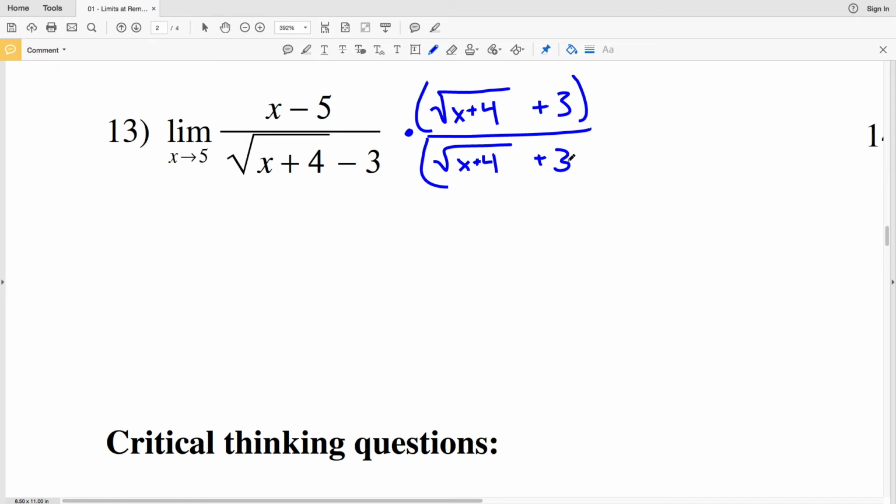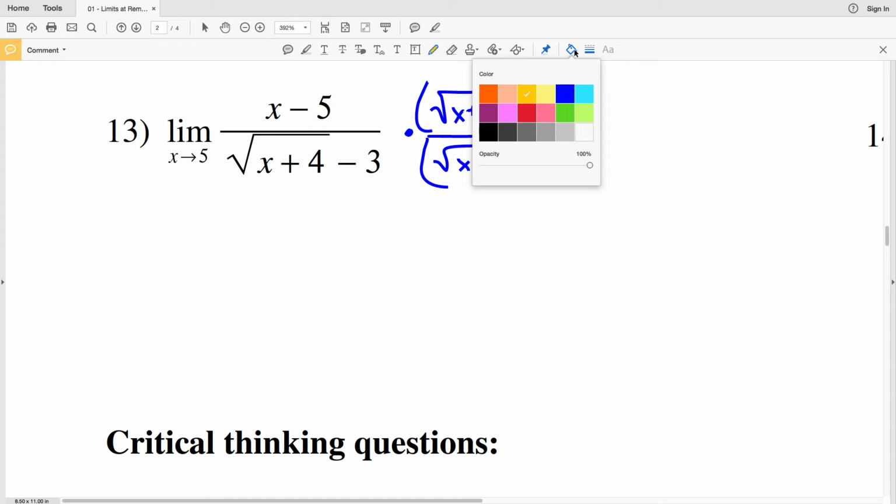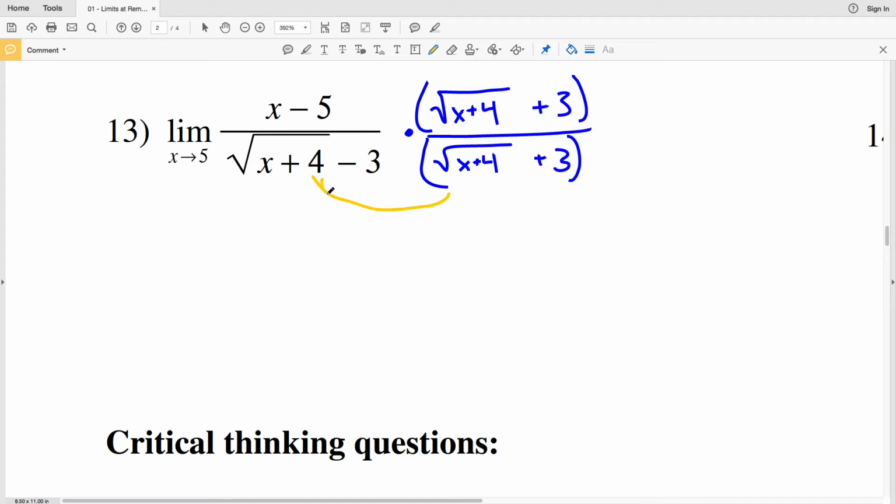Now when I'm multiplying by this conjugate, I need to FOIL. First, outside, inside, last, and you can see that because I have negative 3 times the radical and I have 3 times the radical, when I add those together, that will be 0. So I really only need to concentrate, because this is a conjugate, on my first terms and my last terms.